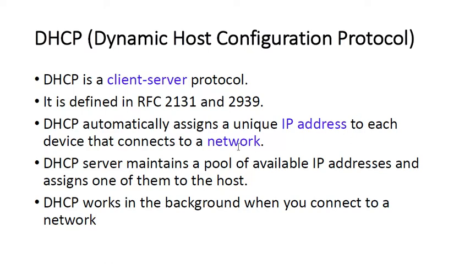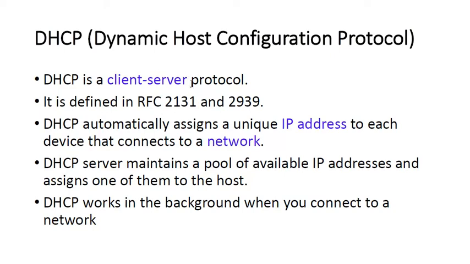As you see here, the DHCP server maintains a pool of available IP addresses and assigns one of them to the host. That is how the DHCP server carries it out, because in the case of automatic allocation, the range is provided. It is a part of the client-server protocol.